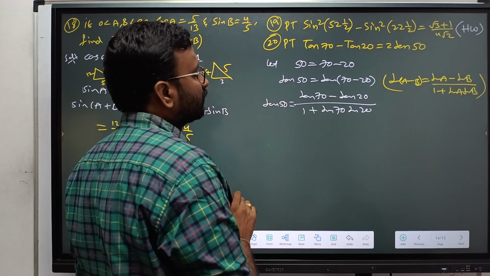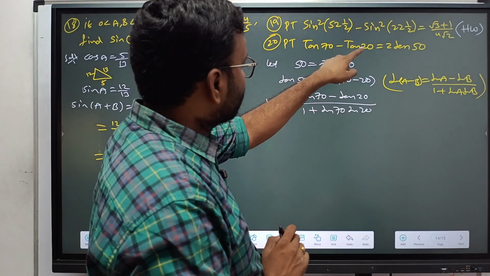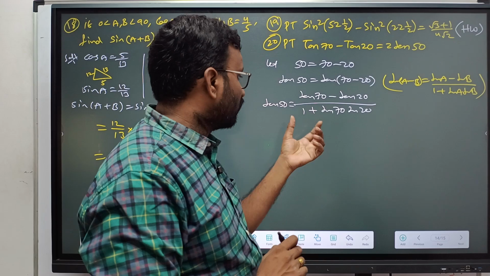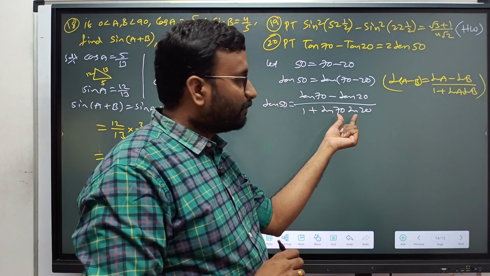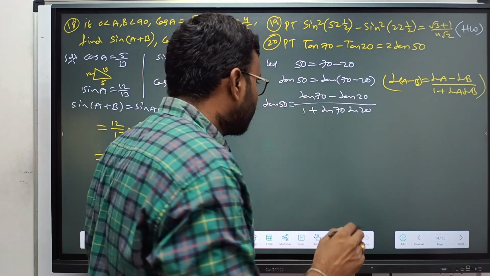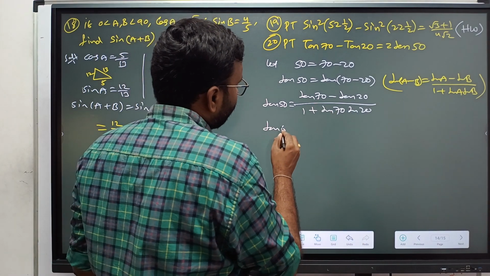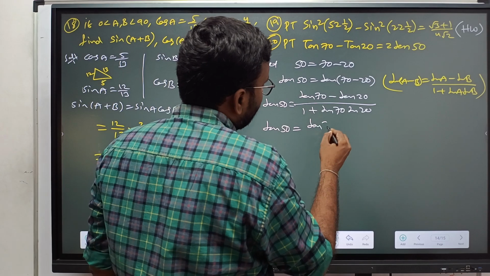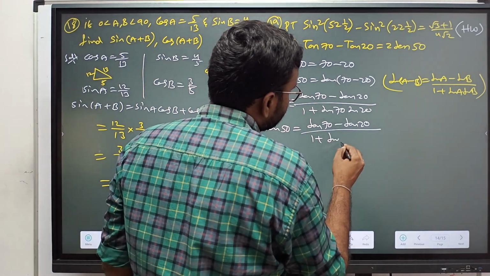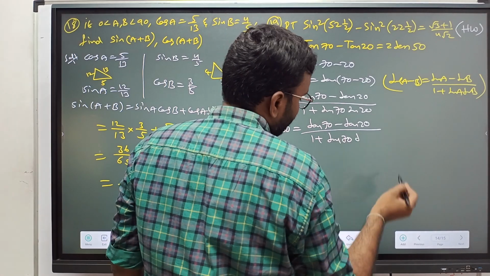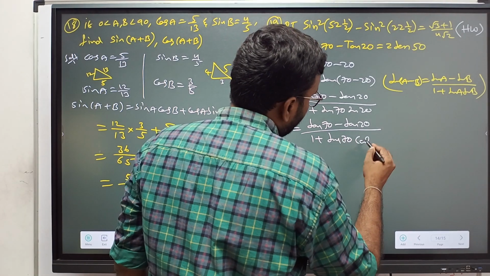Now what is the answer? Tan 70 minus tan 20 is equal to 2 tan 50. I think this denominator value will be 2, so it will become 1. How will it become 1? Tan 50 is equal to tan 70 minus tan 20 by 1 plus tan 70, and this can be written as cot 70.